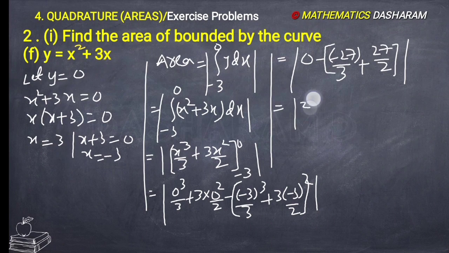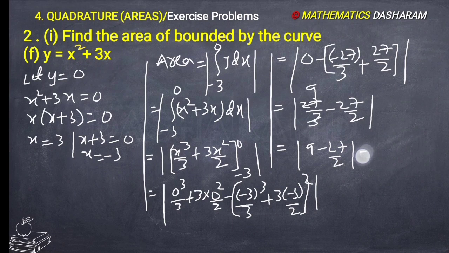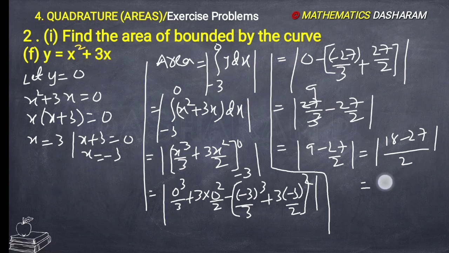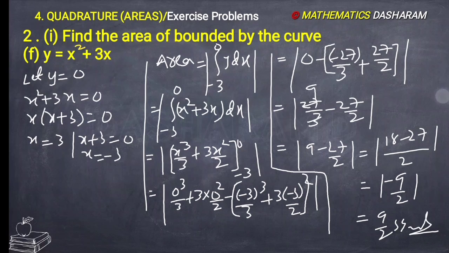Minus of minus plus 27 by 3 minus 27 by 2. Three ones are 3, 3 nines are 9, minus 27 by 2. Here LCM 2, 9 twos are 18 minus 27. So 18 minus 27 is minus 9 by 2. So then it is equal to 9 by 2 square units.